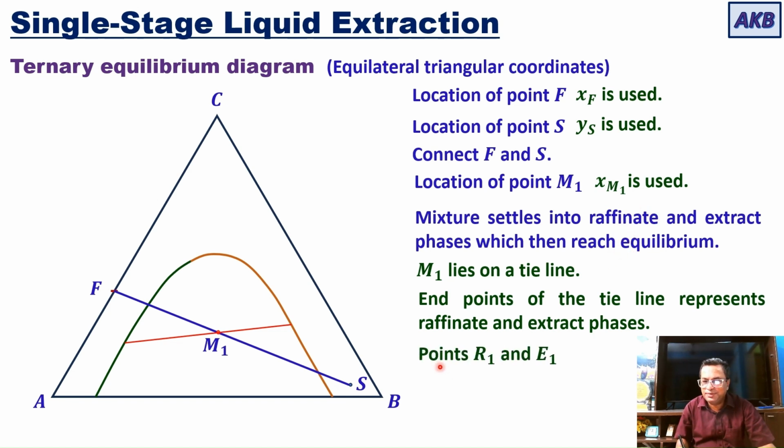So we are going to represent those phases by points R1 and E1 on this diagram. This point will be R1, representing the raffinate phase, and this point will be E1, representing the extract phase.